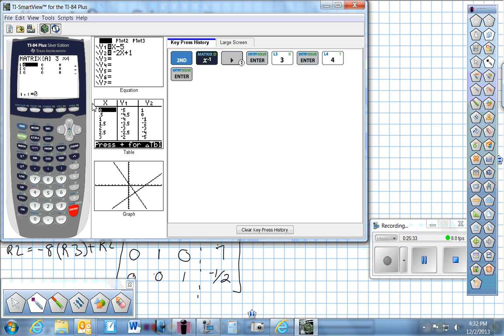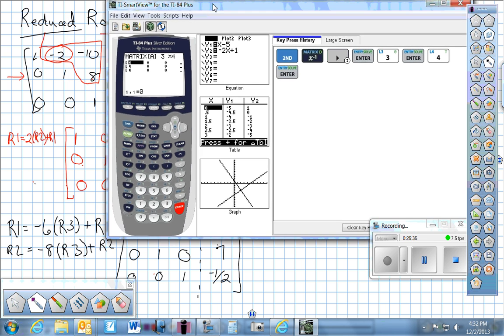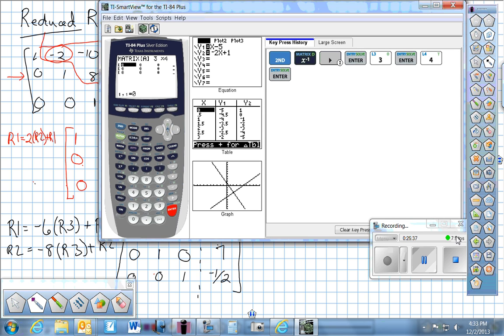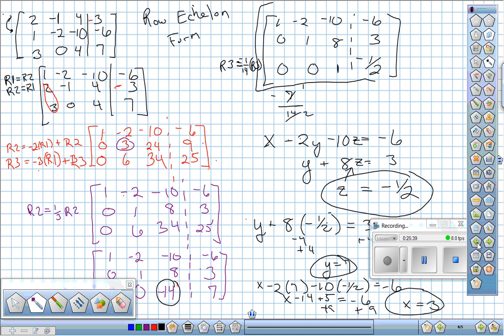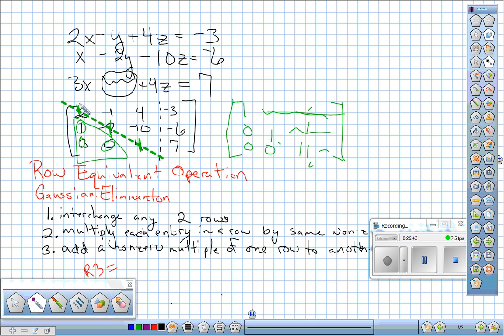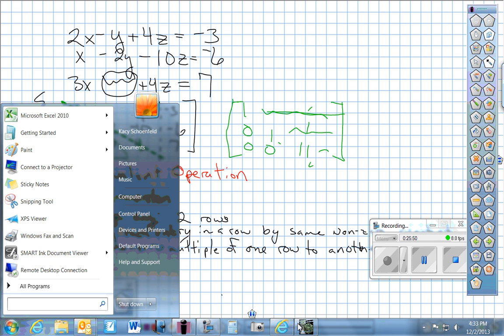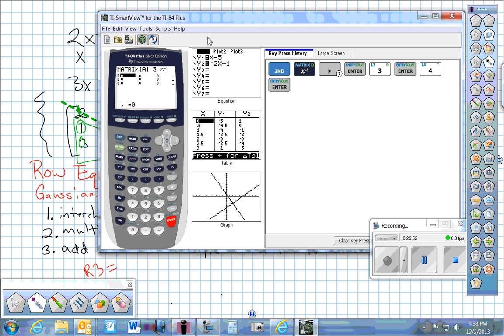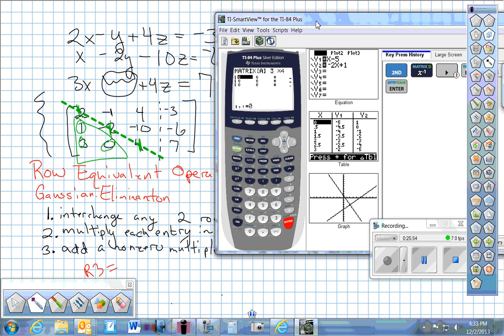And then I'm going to go back to my original equation, way back to my very original one, which is this guy. Then I pick up my calculator again and type these in.